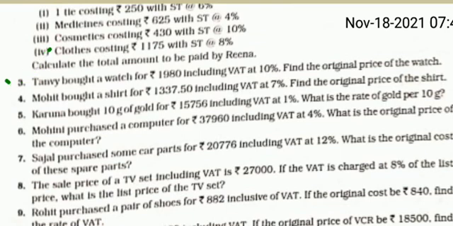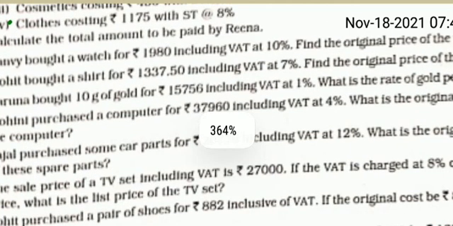Here, question number 4 tells that Mohit bought a shirt for rupees 1337.50, including VAT at 7%. Find the original price of the shirt. It is the same as question number 3.